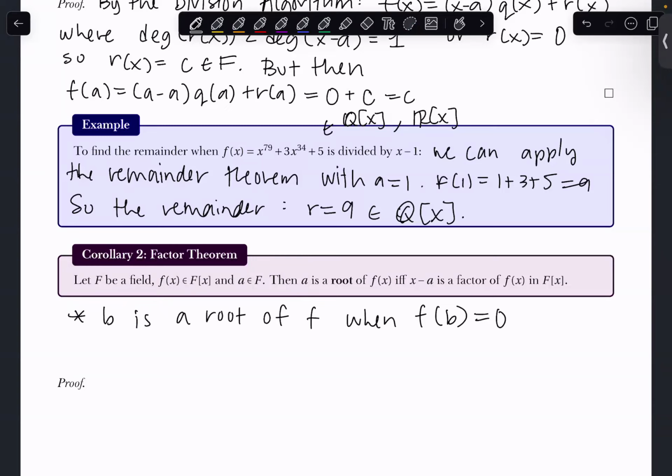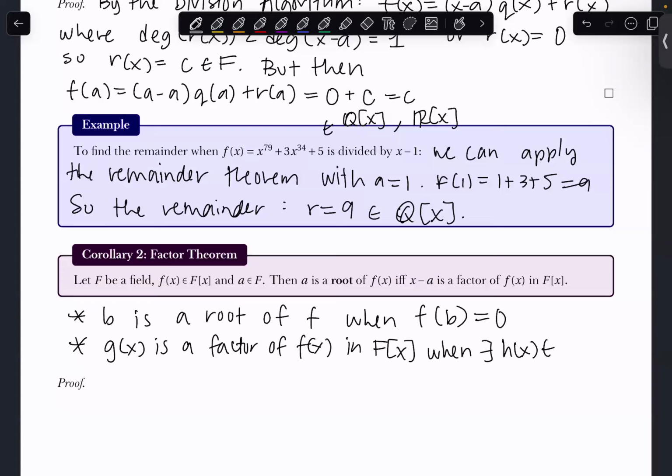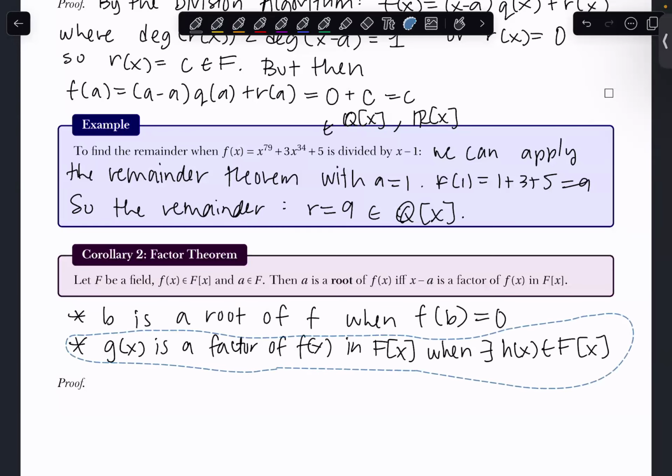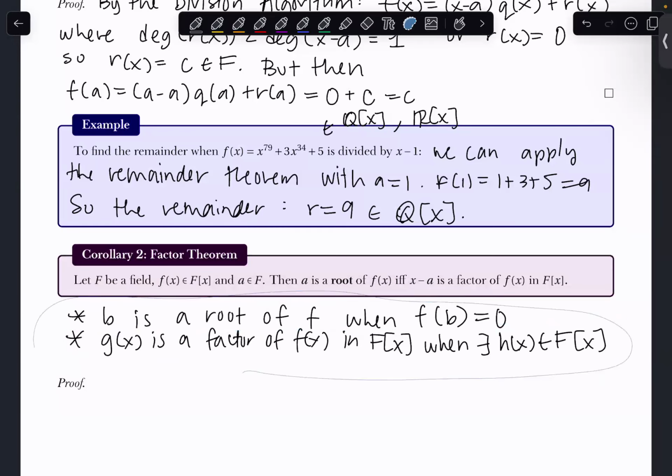Okay. We also want to think, what does it mean to be a factor? We'll say g of x is a factor of f of x, and I need to say where. I'm going to say inside of this polynomial ring, when I can find a different polynomial in the same ring where I can write f as a product of g and h.